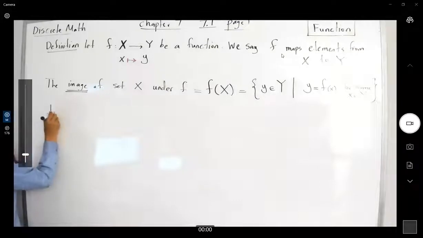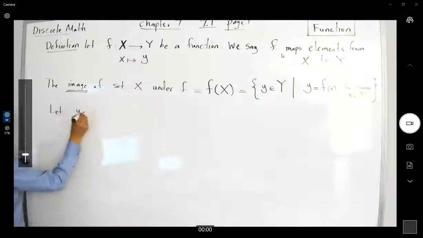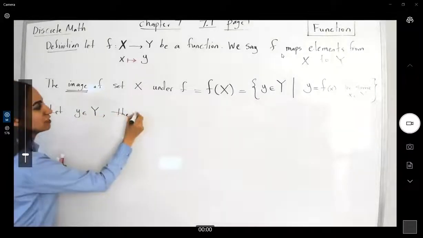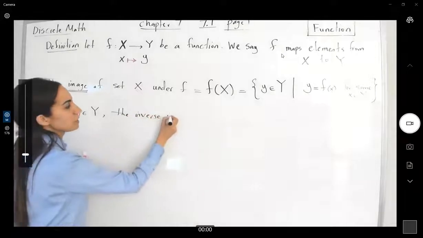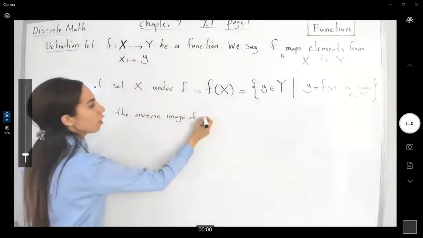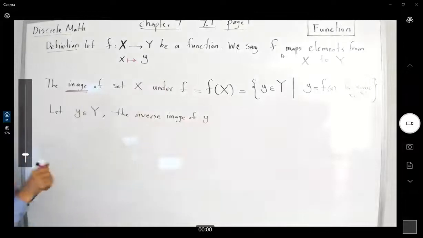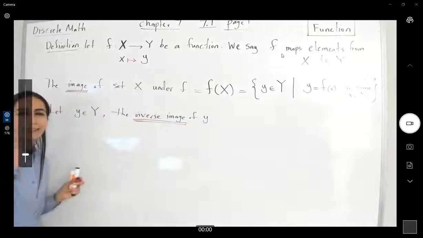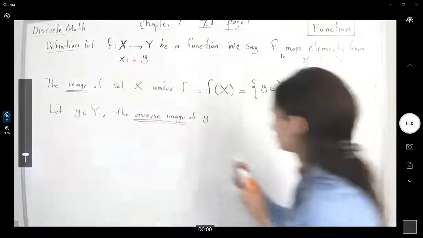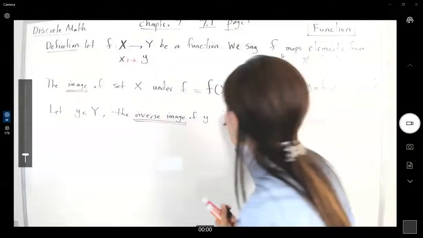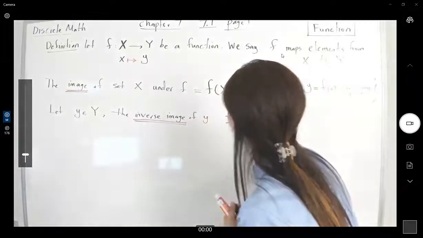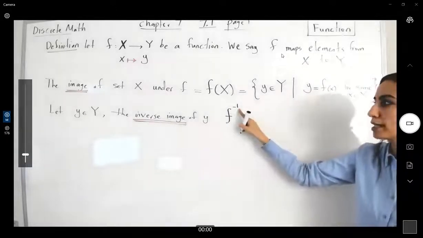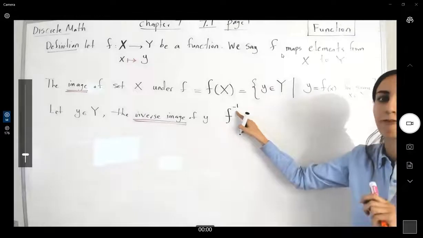Now, let y be a member of set Y. The inverse image of this little member y is denoted by F with -1 as its exponent, but we're not talking about the inverse function.